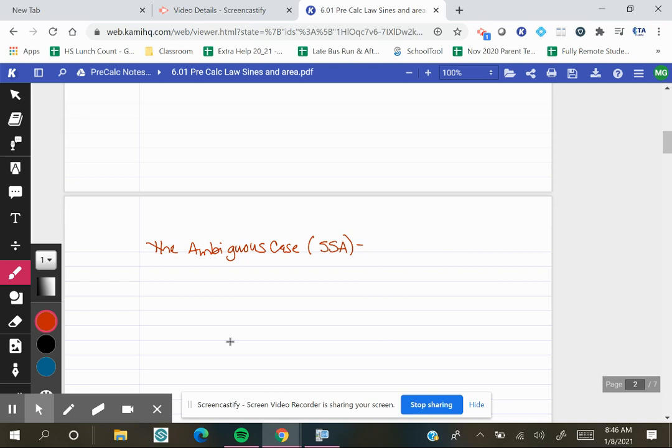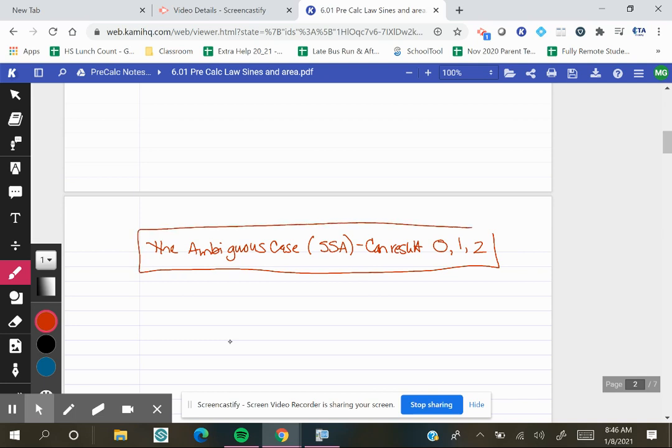And this is the reason why you're not allowed to use that to get triangles to be congruent, because it doesn't always work. Sometimes there's 0 answers, sometimes there's 1 answer, and sometimes there's 2 answers, meaning sometimes there's no triangles that can come from what we're given. Sometimes there's only 1, and sometimes there's 2 different triangles that we could get.